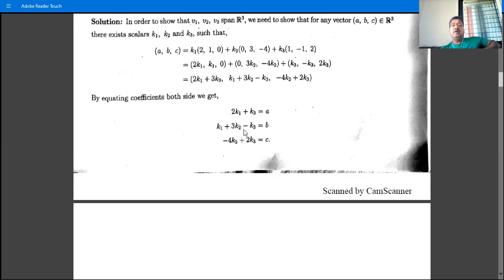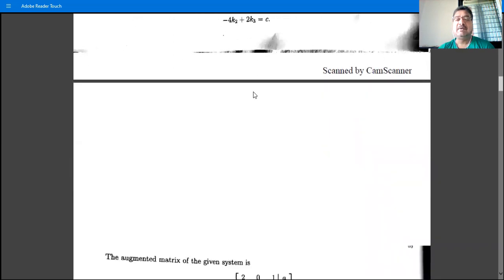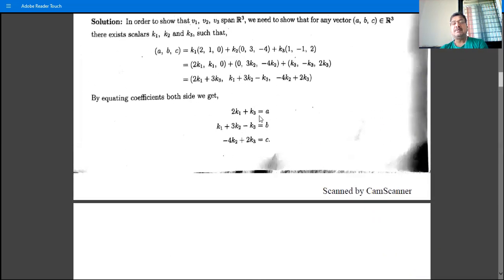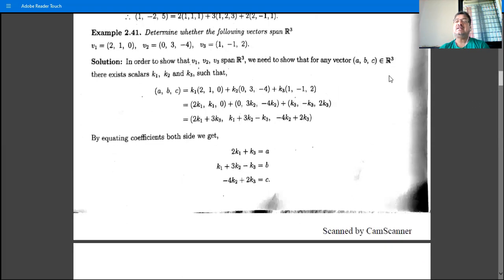Now we have to solve these three equations, this system, and find the values of k1, k2, k3. If these values of k1, k2, k3 do not exist, that is, if this system is inconsistent, then we say that this (a, b, c) is not a linear combination of these three vectors, and then we say that these three vectors do not span R3.